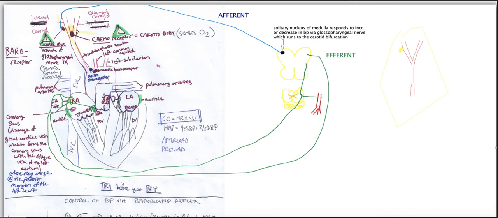So let's say you have hypotension, you have decreased arterial pressure, so you have decreased stretch. Now remember, baro means pressure, so it senses decreased stretch.